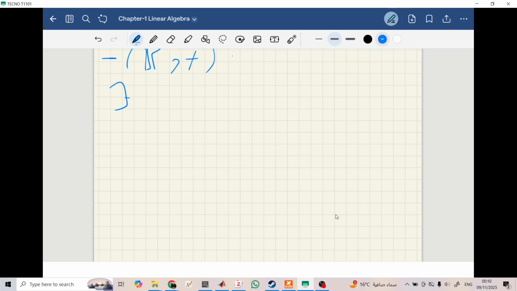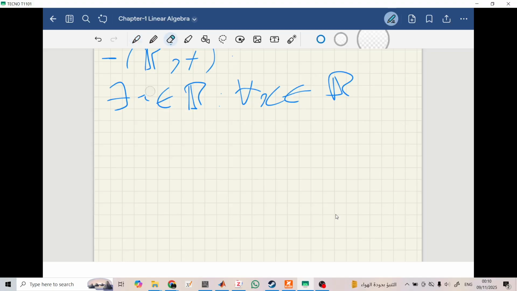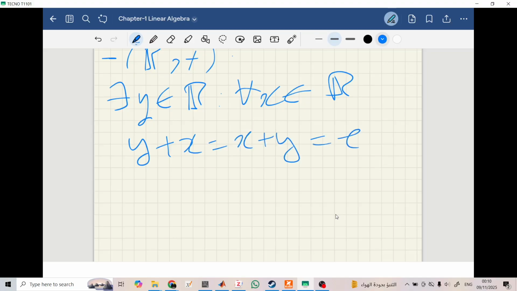The same thing. So there exists an element in R such that for all x's in R, this element, I think, is y. Call it y, such that y plus x equals x plus y equals the neutral element.